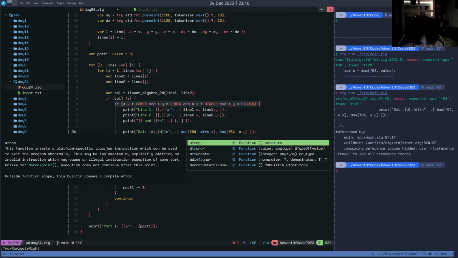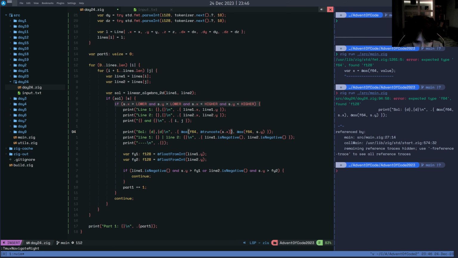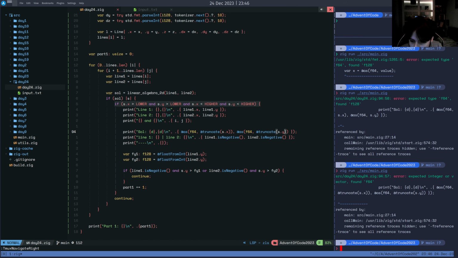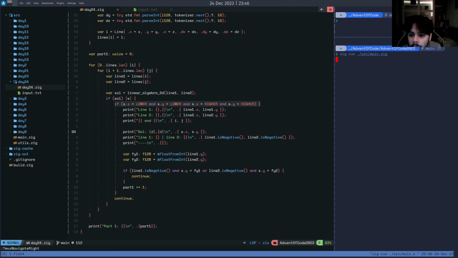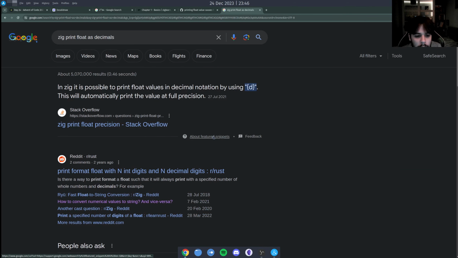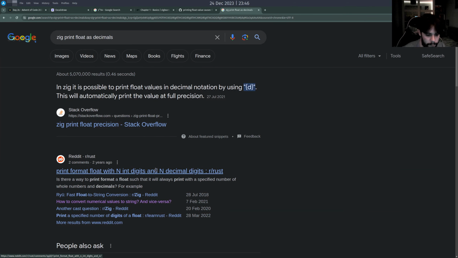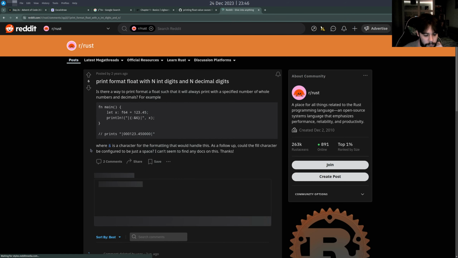It truncates. Oh, come on, bro. Oh, that's Rust.